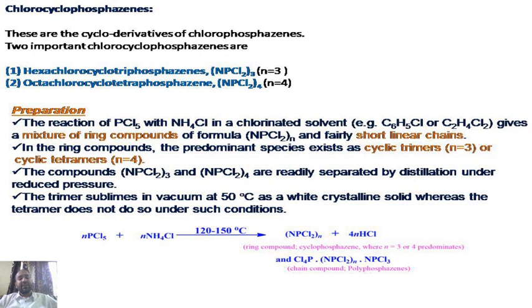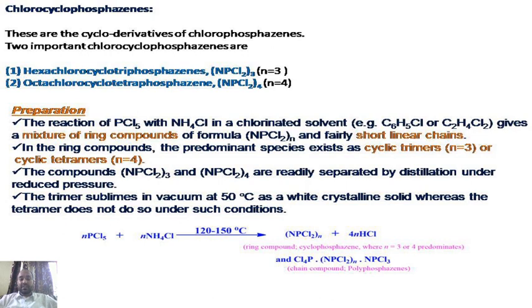In case of ring compounds, the most predominant species are those having n equal to 3, that is the cyclic trimer, and the cyclic tetramer with n equal to 4. These two cyclic analogs can be readily separated by distillation under reduced pressure. How?